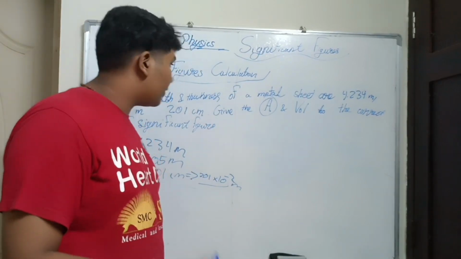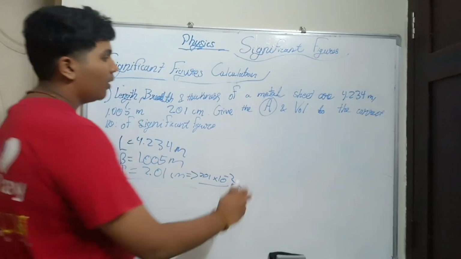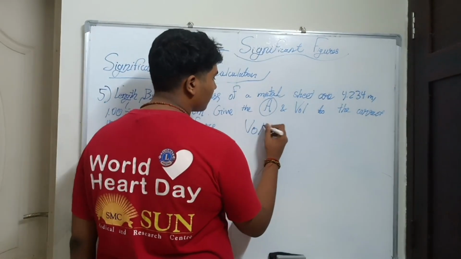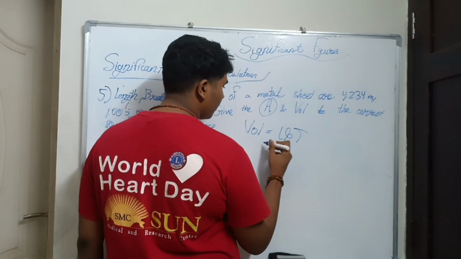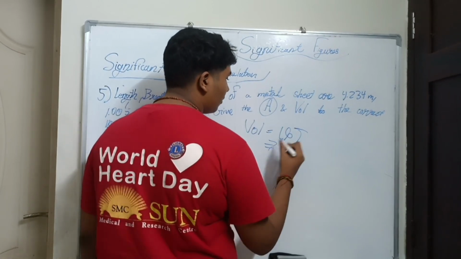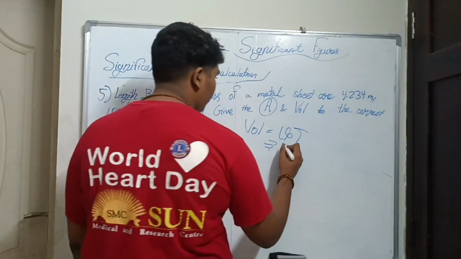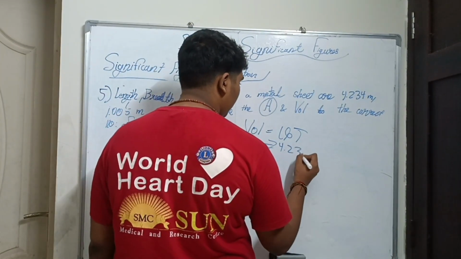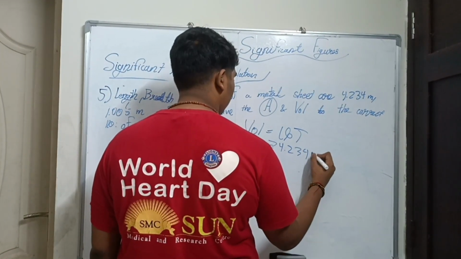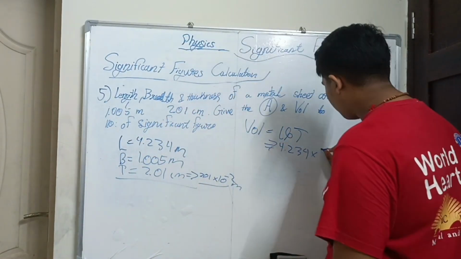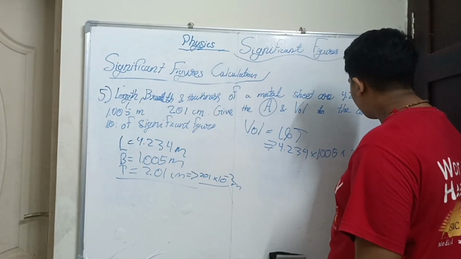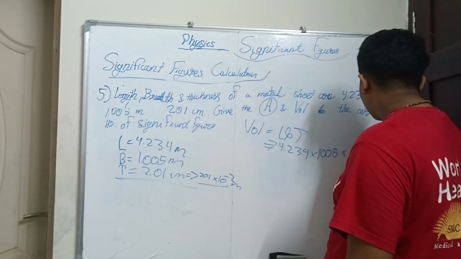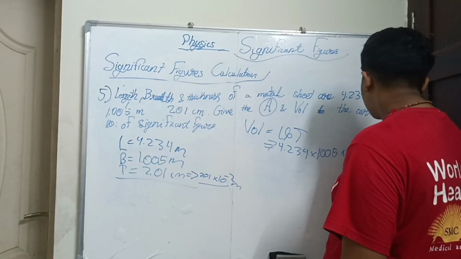So what is the volume of this cuboid? Volume is L times B times T. So this LBT, what is it? 4.234 into 1.005 into 2.01 into 10 raised to power minus 2.